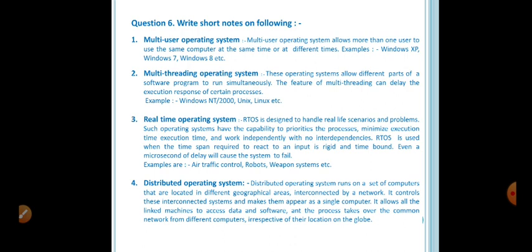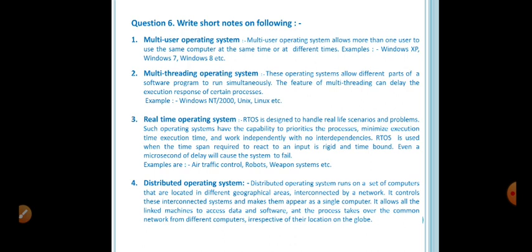Multi-user operating system allows more than one user to use the same computer at the same time or at different times, and the examples are Windows XP, Windows 7, Windows 8, etc. Then multi-threading operating system. This operating system allows different parts of a software program to run simultaneously. The features of multi-threading can delay the execution responses of certain processes. Named examples are Windows NT 2000, Unix, Linux, etc.